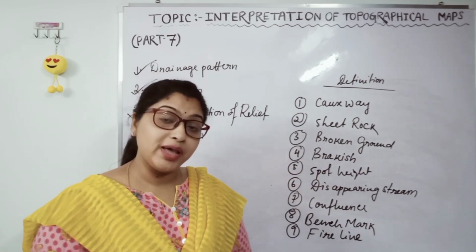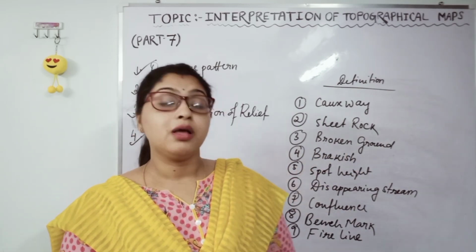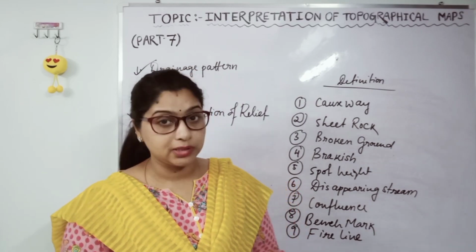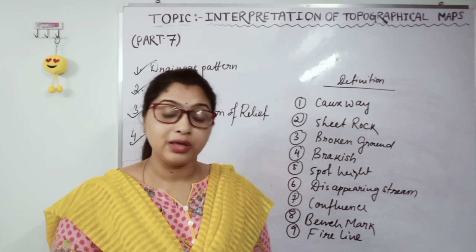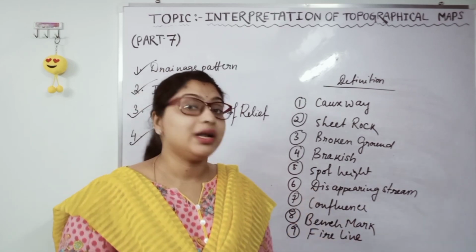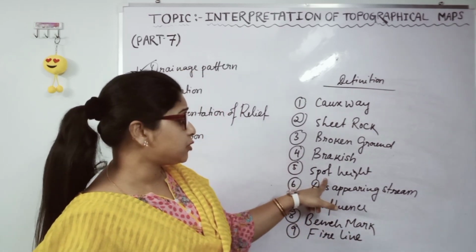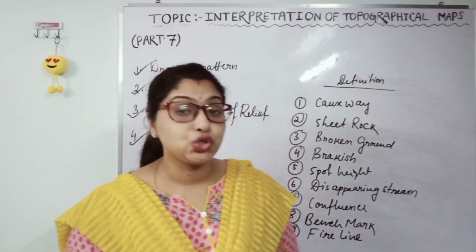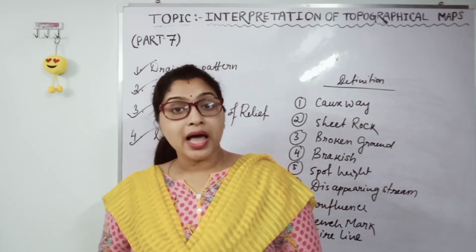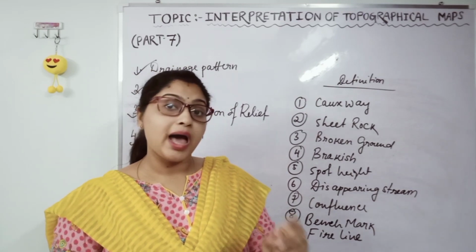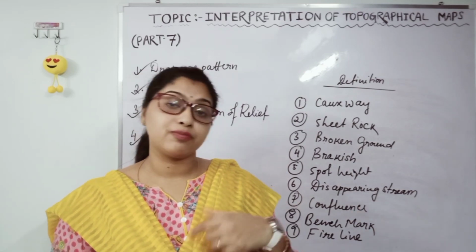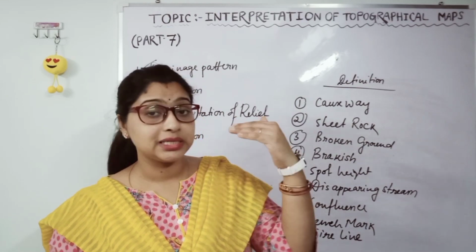Brackish: a perennial source of well, but it has salty water, so we can't use or drink this water. Spot height shows the height of a particular place, and it is shown by a black dot in the map, with its number, or height in meters.